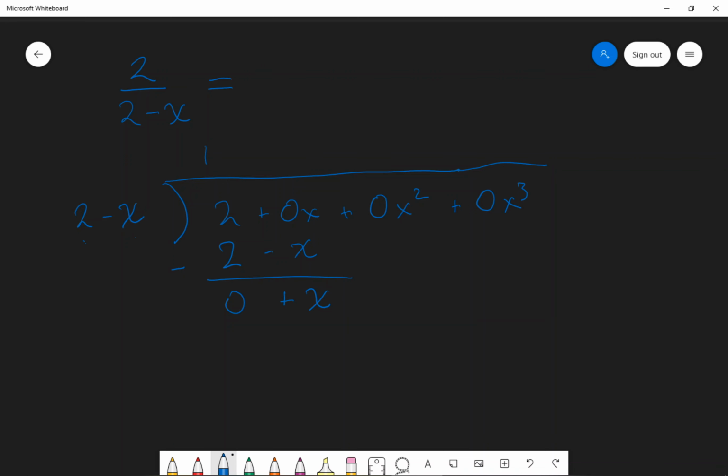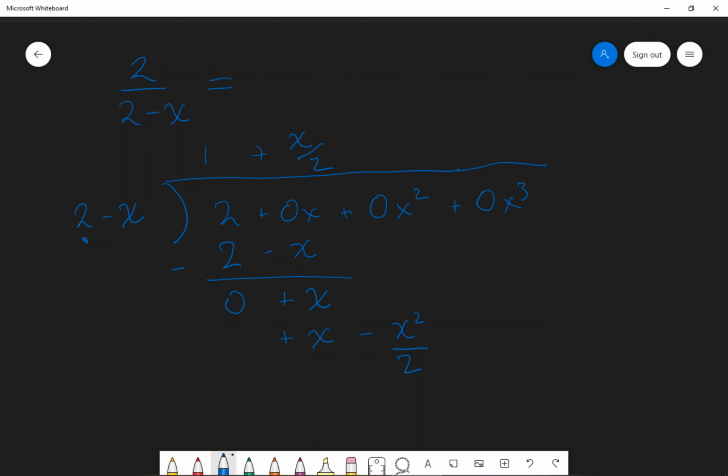Now, how many times does 2 go into x? Remember it's in terms of increasing x, so we take the first term. Well, 2 goes into x x over 2 times. x over 2 times 2 gives us x. x over 2 times negative x is negative x squared over 2.